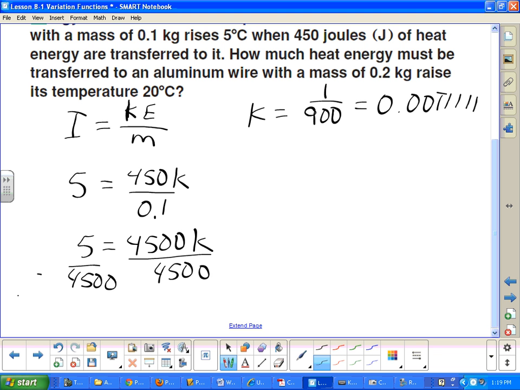So it says how much heat energy, so we're trying to find E, must be transferred to an aluminum wire with a mass of 0.2 kilograms and raises its temperature 20 degrees. And we have 0.001 here.